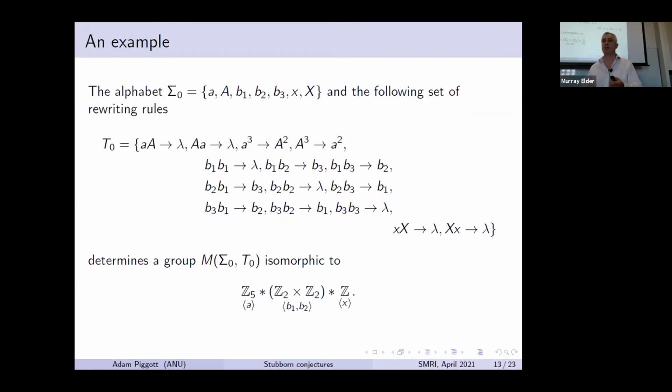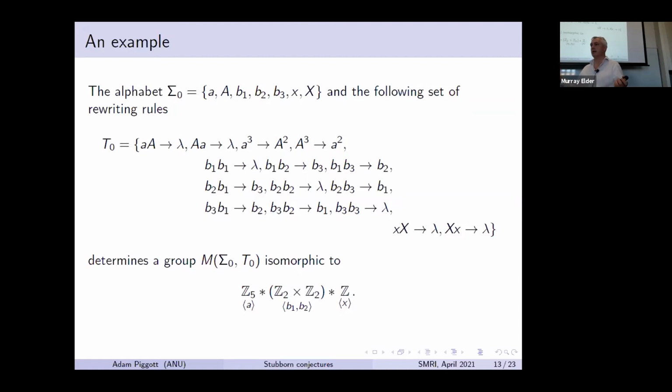So I've basically put the multiplication table for a finite group there, except you don't have to put in the rows and columns for the empty word, for the identity. And then the x's, well, that's an infinite cyclic group. We've got 2 generators, they're inverses of each other, and that's it. So what I've written here is the sort of rewriting rules that will give you a group isomorphic to a free product of a cyclic group of order 5, Z2 cross Z2, and then the infinite cyclic group.